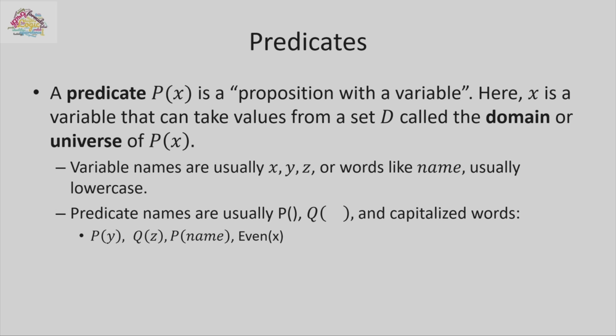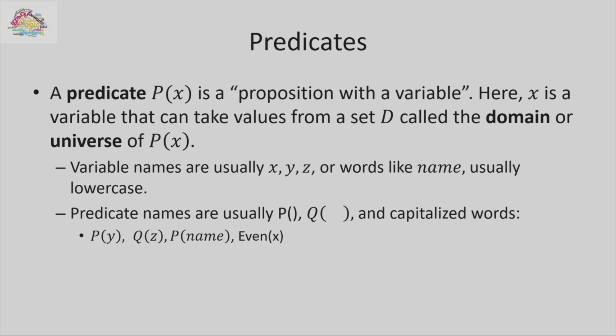So just a convention that we usually use lowercase symbols like x, y, z, or words for the names of variables. And usually we'll use P, Q, and generally capitalized words to mean predicates. For sets, I think here I've been writing the whole word capitalized.